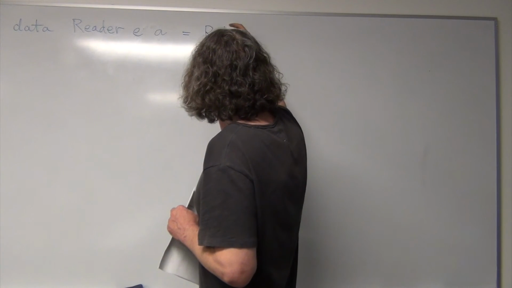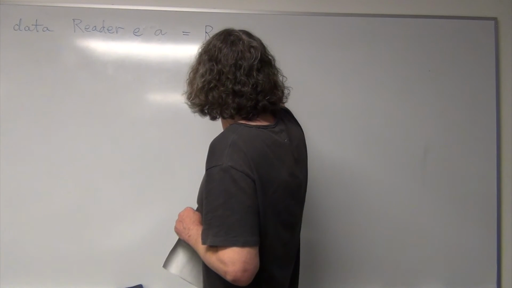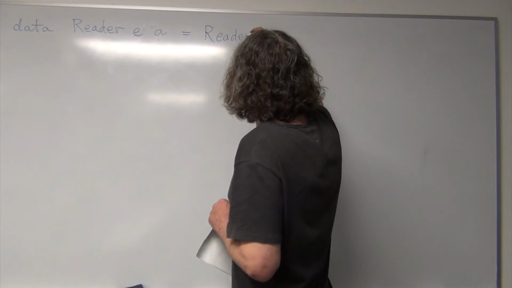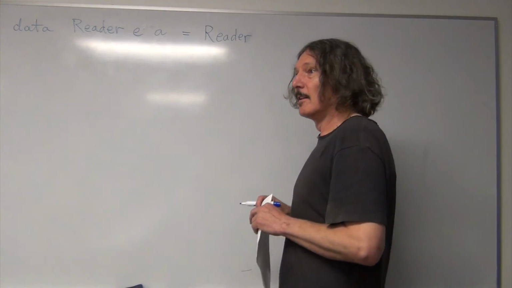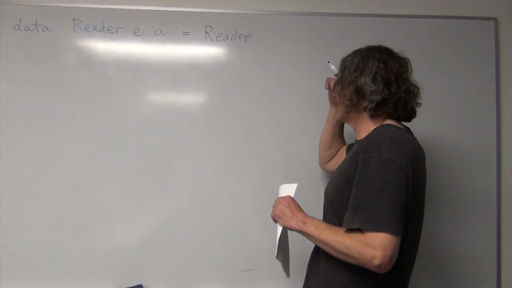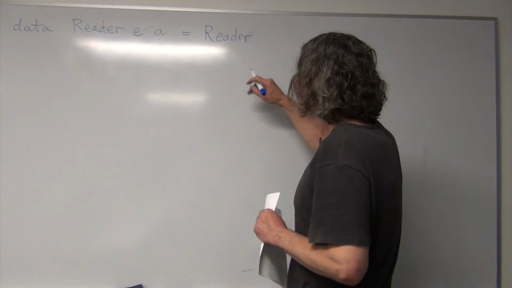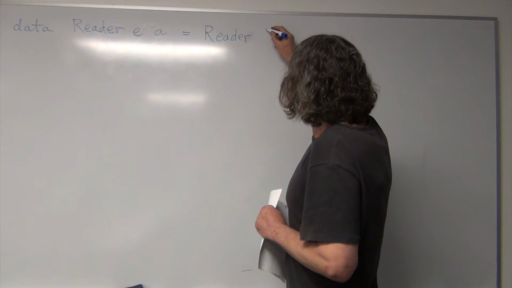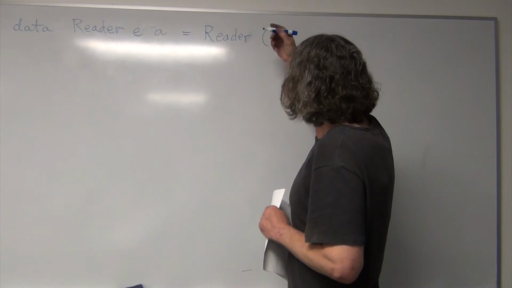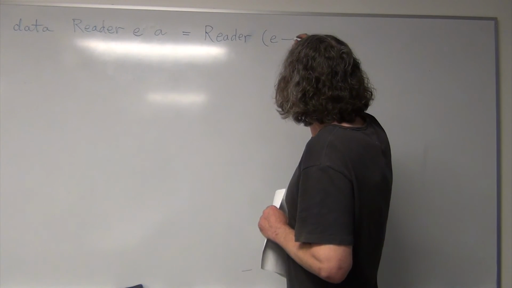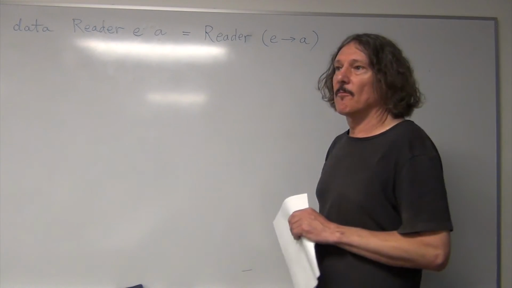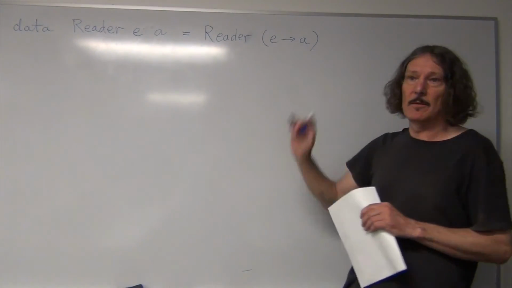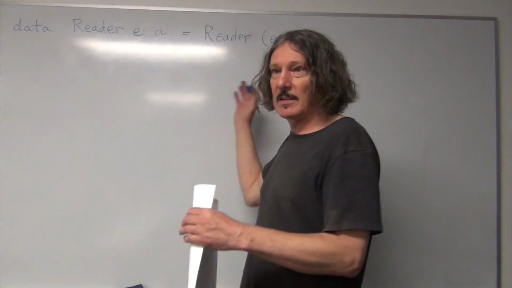So let's say it has a data constructor that we will also call reader, because I want to inoculate you to this style so that you're not always shocked. Oh, is this data constructor or type constructor? They can have the same name. So reader, when you construct a reader, you give it a function from E to A. Okay, so the constructor takes a function from E to A. So reader really encapsulates this function.